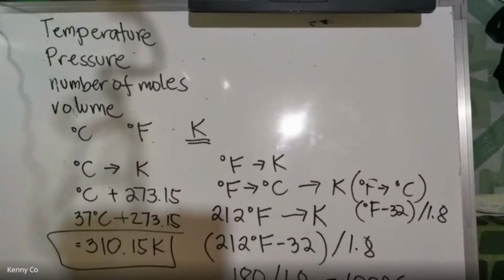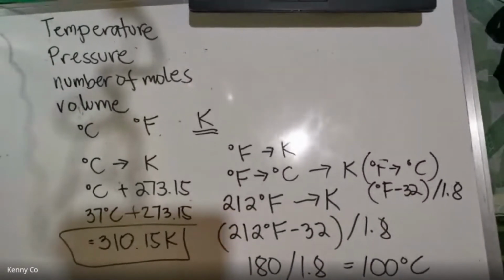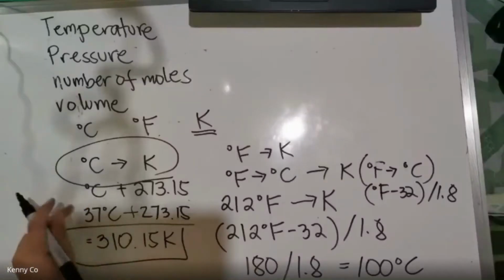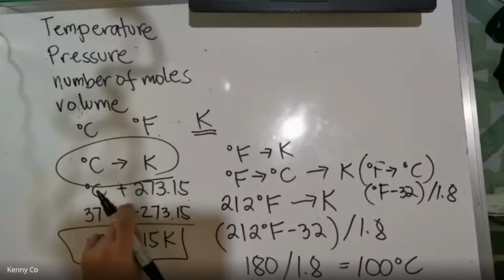Next, from Celsius naman to Kelvin. Celsius plus 273.15.